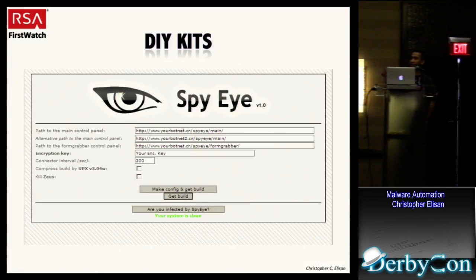And when I was analyzing this, if you really want to know how to effectively remove SpyEye from your system, the answer is in the kits themselves. Once you understand how they remove it, you could just get that solution and apply it in your security products, and you would be able to remove all of those infections from your system.